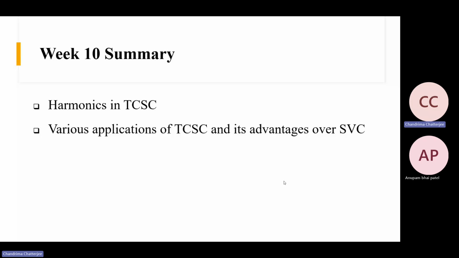Today the main topic of discussion will be harmonics in TCSC, the various applications of TCSC, and its advantages over SVC. Earlier we talked about SVC in detail, how we operate it, its advantages and disadvantages. Today we will discuss this for TCSC and see that TCSC has some advantages over SVC.